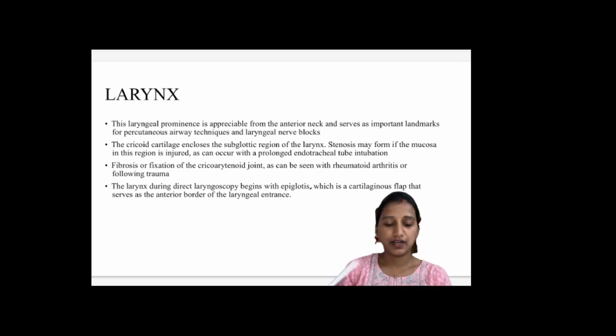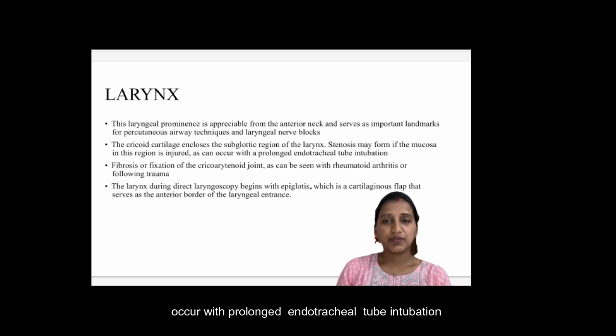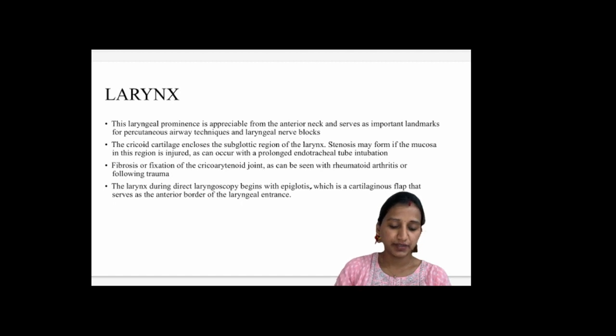structure. Unlike the other cartilages, which are only bounded anteriorly or posteriorly, this is bound throughout 360 degrees of the larynx, and stenosis may form if the mucosa in this region is injured, as can occur with prolonged endotracheal tube intubation or an improper technique.